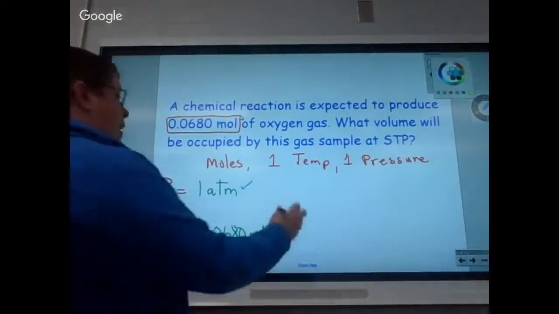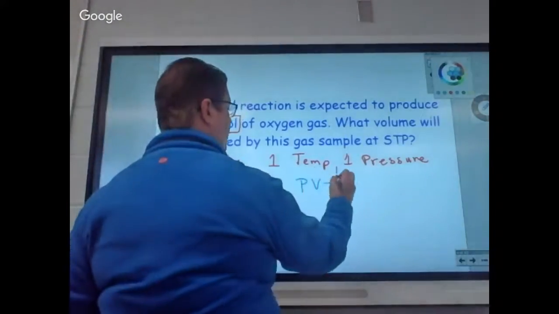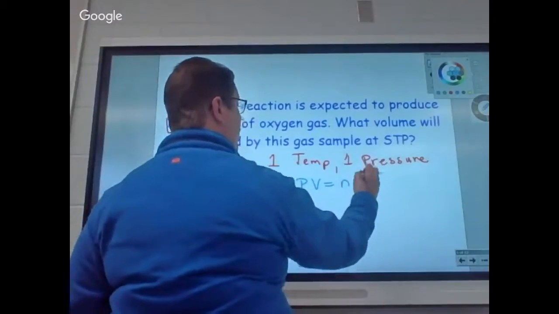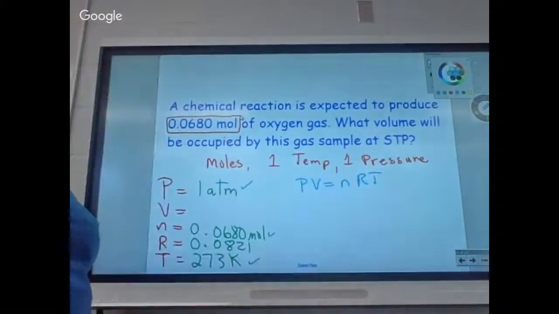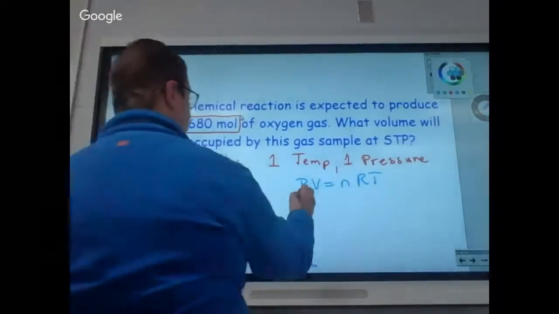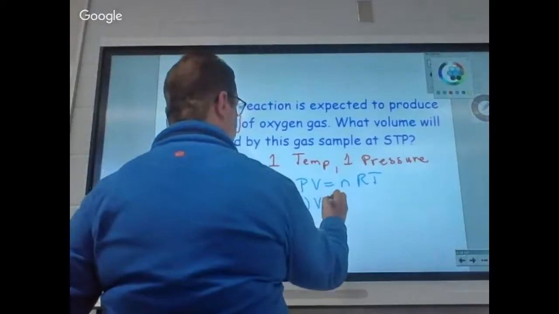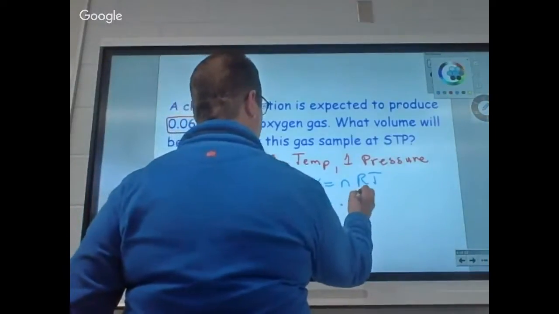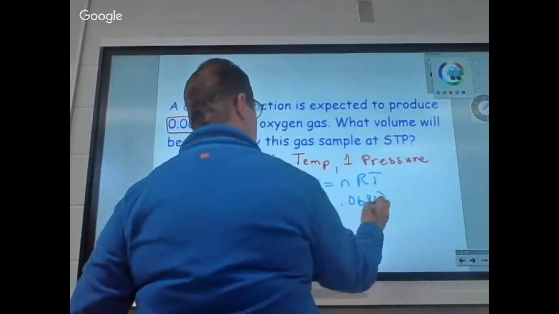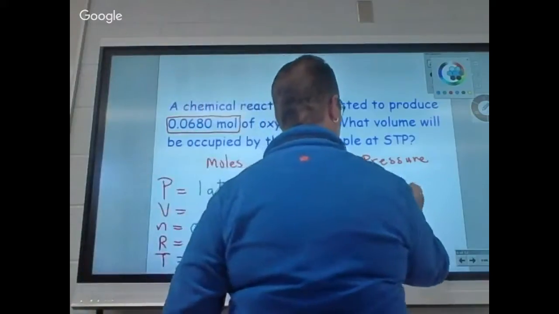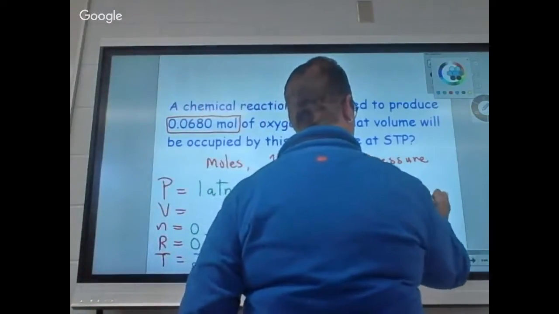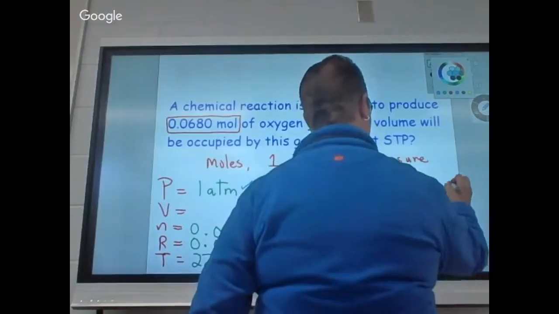All we have to do now is plug in to our formula. Because we know R is what it is, what unit is our volume going to turn out to be in? It's going to come out in liters. So pressure is 1. Volume we don't know. N is 0.0680. R is 0.0821. And temperature is 273.